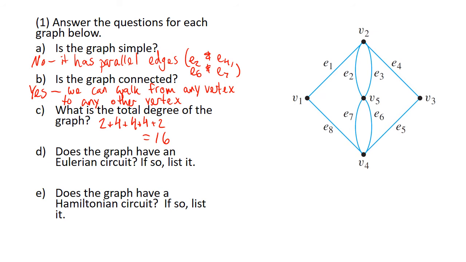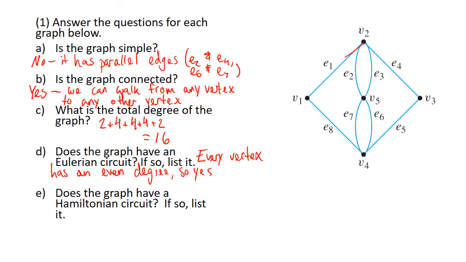Actually, there's a way to test for this, isn't there? If every vertex has an even degree, then there should be one. So let me write that down. So every vertex has an even degree. So yes.